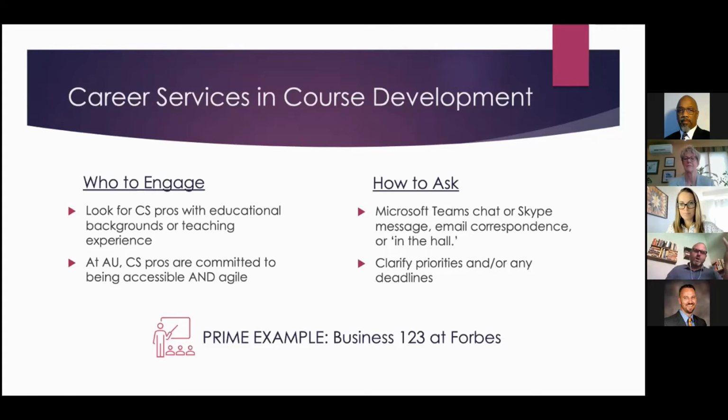But wherever you are, I think hallway, quote unquote, conversations, which isn't what it was a year ago, could be really valuable. So even just reaching out to a career expert on Microsoft Teams or Skype or via email is a great way to do it. My belief is that career services professionals should be really agile and respond to the faculty and students as needed. So that's where we are with our team and what we try to do.